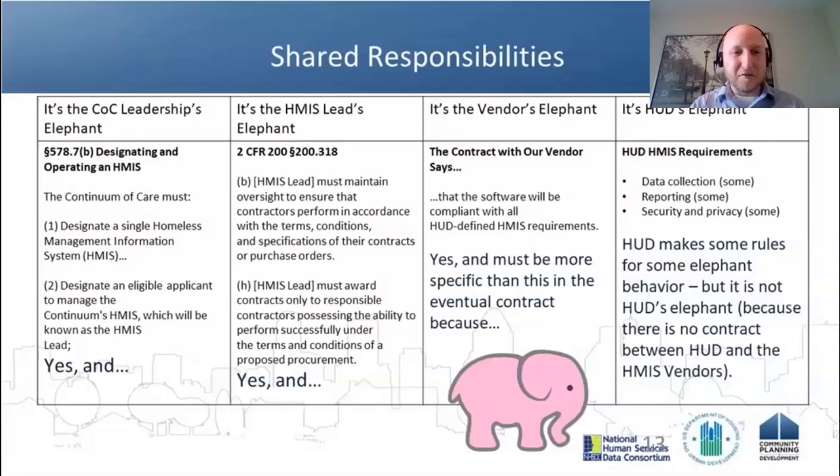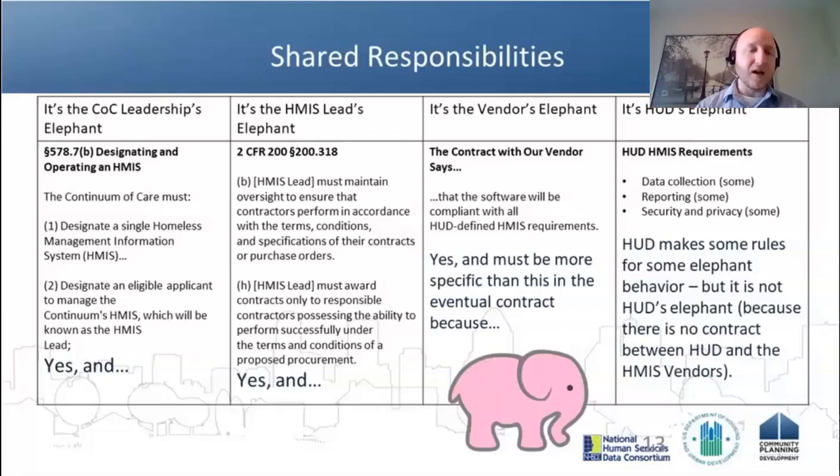So the point is that HMIS is our shared responsibility. Depending on what part of the HMIS you're touching, COC, HMIS Lead, HMIS Participating Agency, you're going to want and need different things out of the system. You're also going to be responsible for different things of the system as well. So just as an example, this chart breaks down a few of the roles and responsibilities, a few of the specific HUD requirements that different stakeholders are actually responsible for within the larger HMIS implementation.